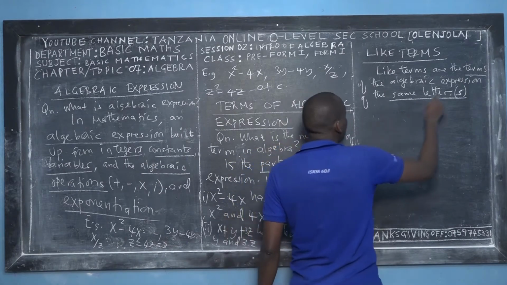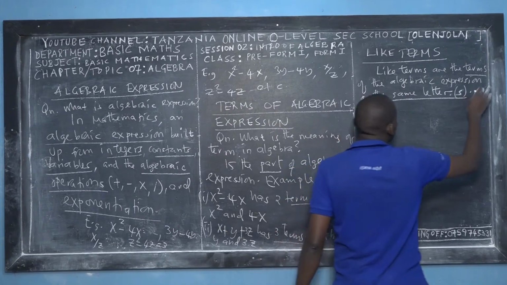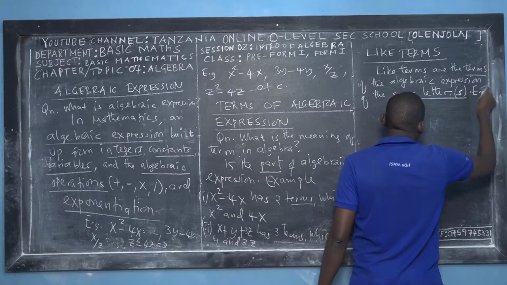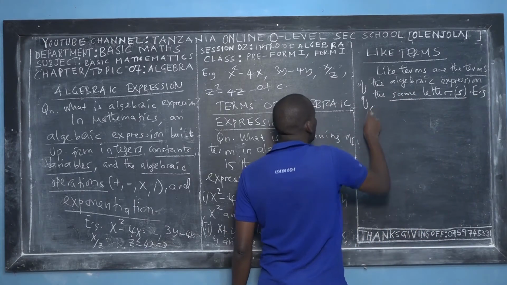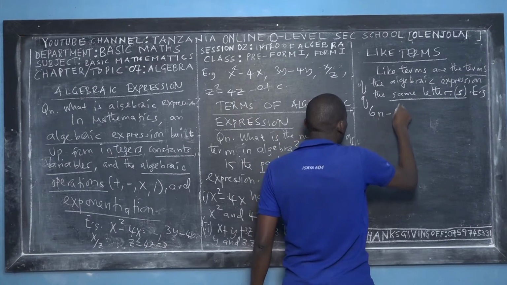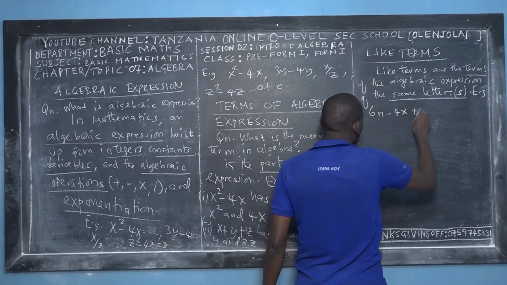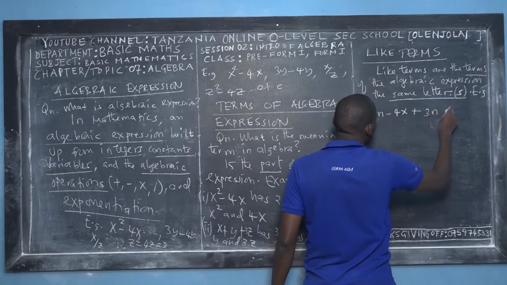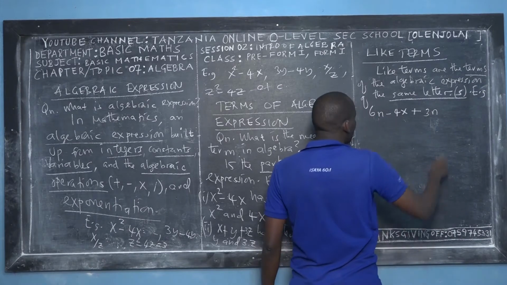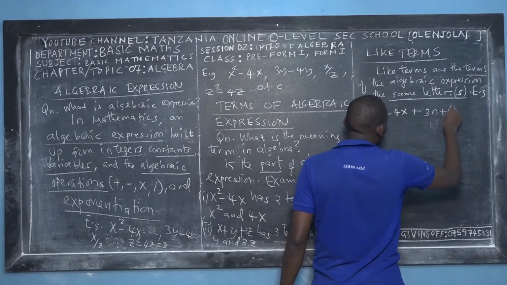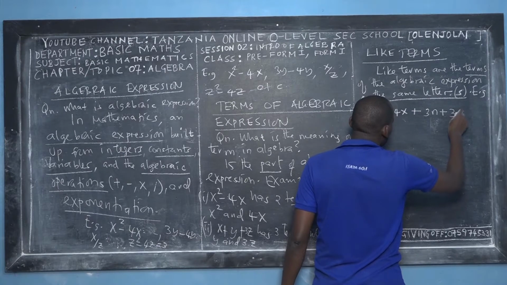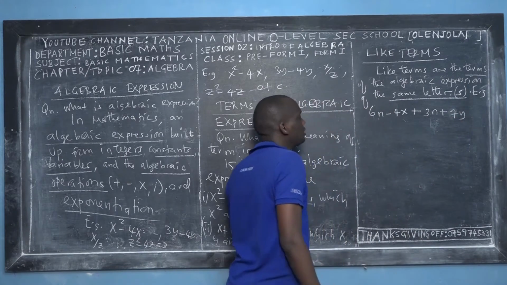Example of like terms: if you have 6n minus 4x plus 3n, like that, then plus 3y or plus 7y, right?